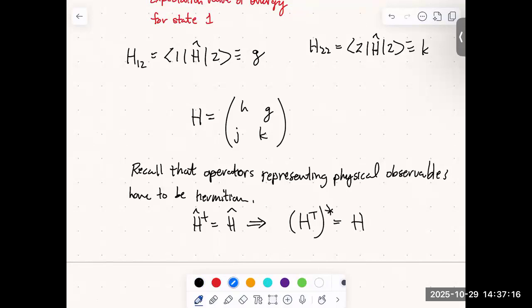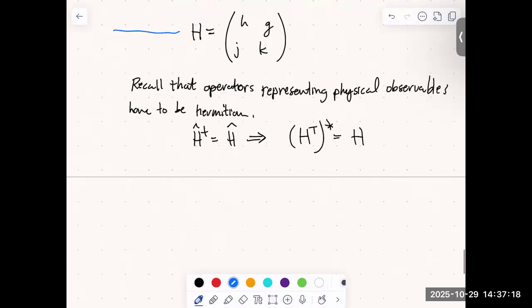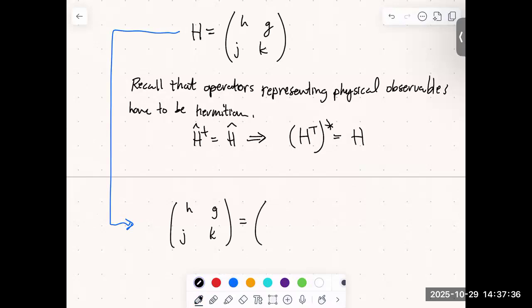So if we enforce that, it actually reduces how many independent elements we have in this matrix. So H is, we said H, G, J, K is the most general possibility, except for the fact that if I transpose, I'm going to get H, J, G, K. And then if I take the complex conjugate, I'm going to have to take the complex conjugate of all these.